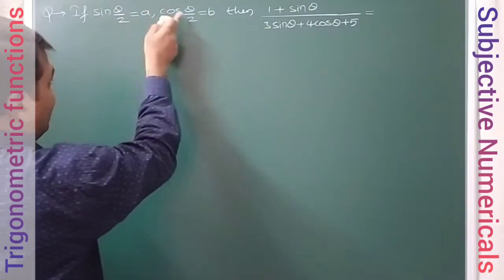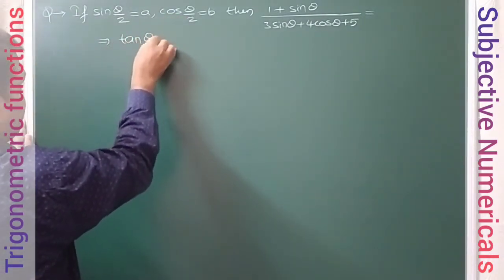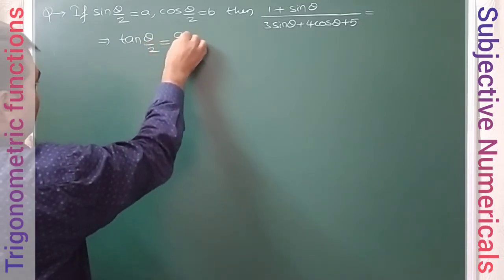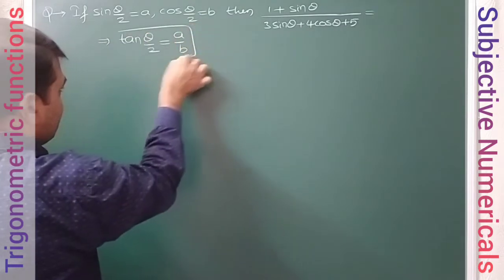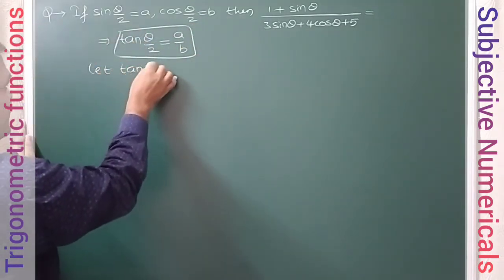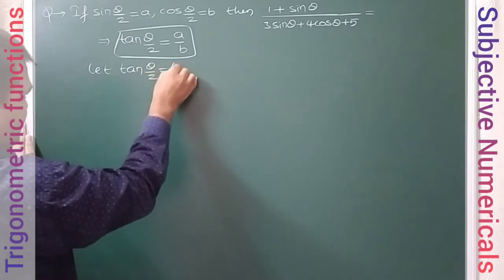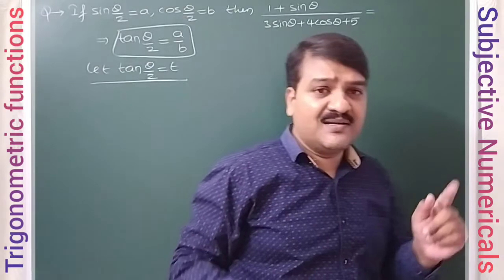So sin theta by 2 by cos theta by 2, that means tan theta by 2 is equal to A by B here, and let us take this tan theta by 2 as T for our convenience.